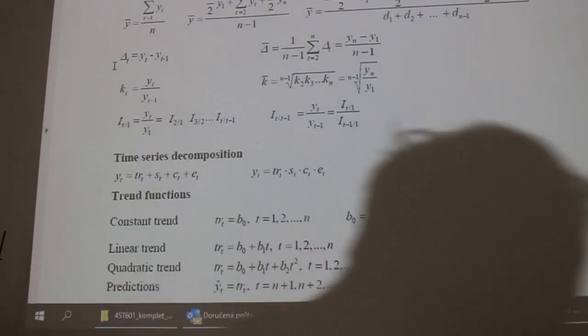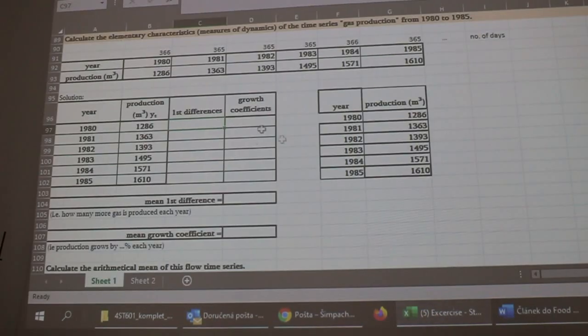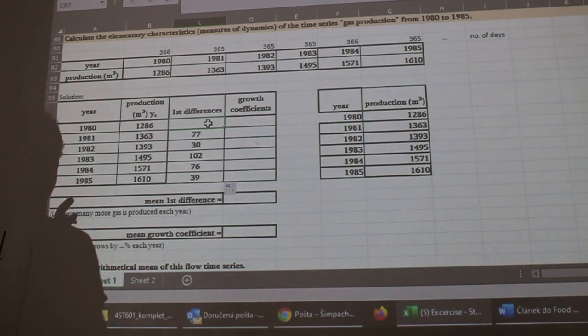Yes, so we will see that it's very, very easy. We cannot compute the value here because we don't have observation of production in year 1979. Yes, so we must start here, and the result is value in year 1981 minus production in year 1980. Yes, we lost one observation, and the differences can be positive or negative.